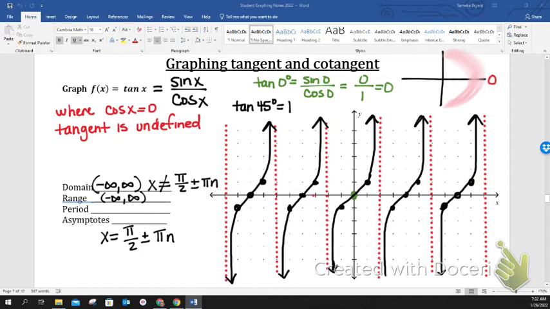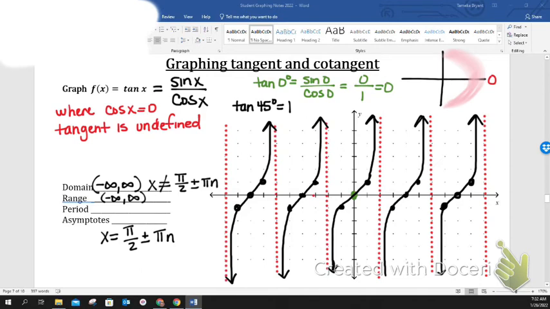And the period for tangent and cotangent is 180. So your formula for period is pi over b. So instead of 2 pi over b, it's just pi over b. So tangent and cotangent have a different formula. So in this function here, we don't have a number in front of x, or that number is 1, I should say. So we're taking pi and dividing it by 1, so our period is only pi.